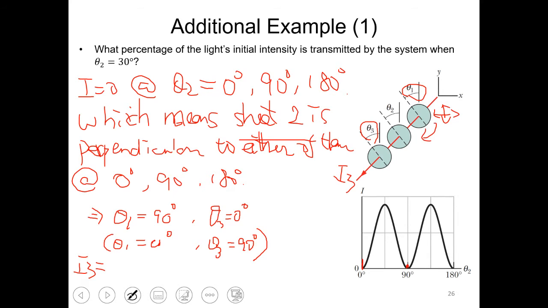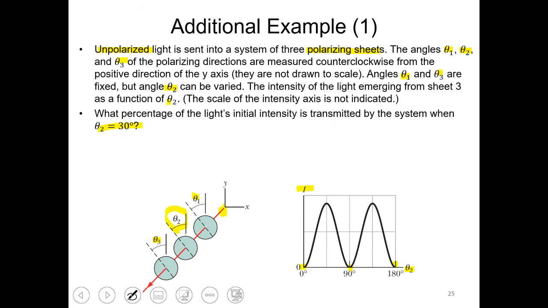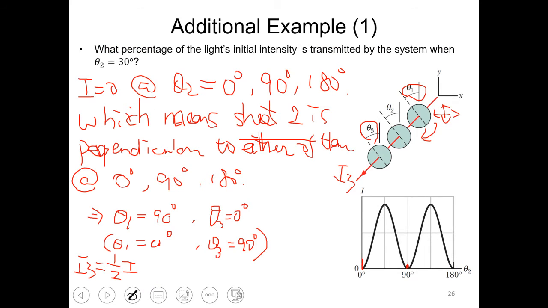So after the first sheet, it should be 1/2 I0. And then it asks you about the percentage of the initial light intensity.